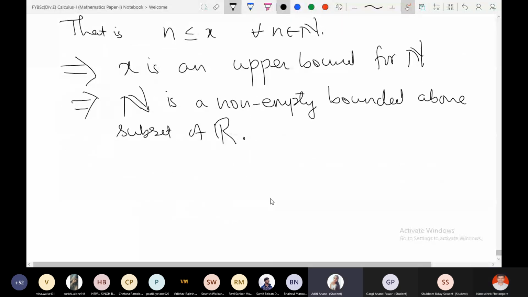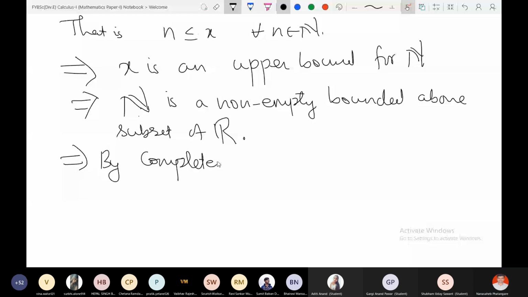Has a supremum. Right, very good. Because by the completeness property, we understand N is a non-empty bounded above subset of R. So by the completeness property, what should happen now?